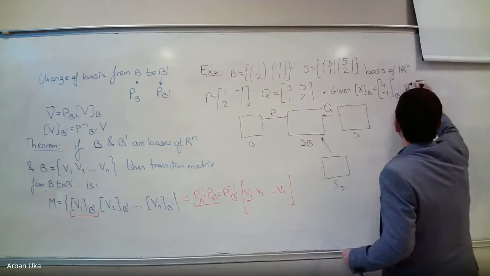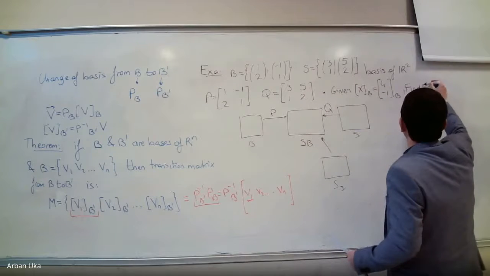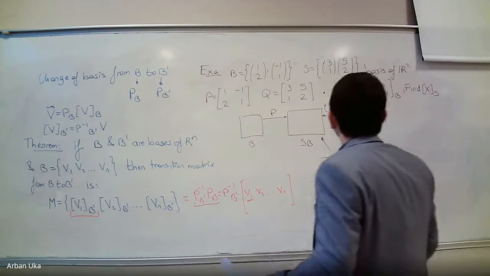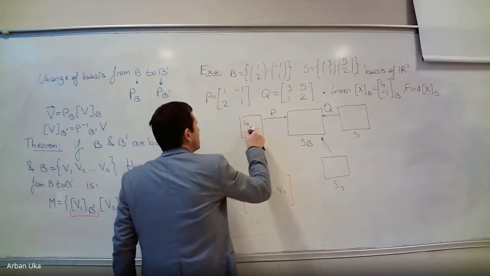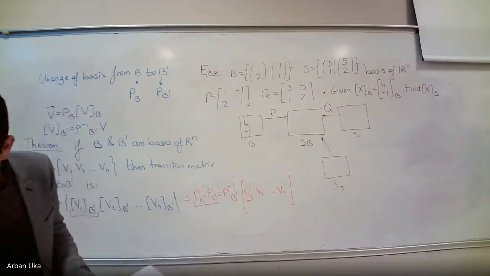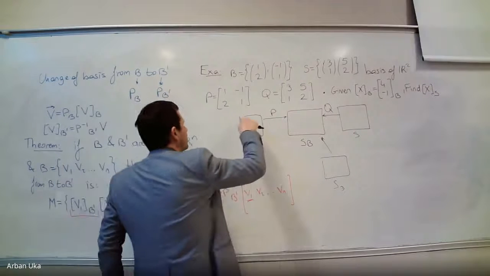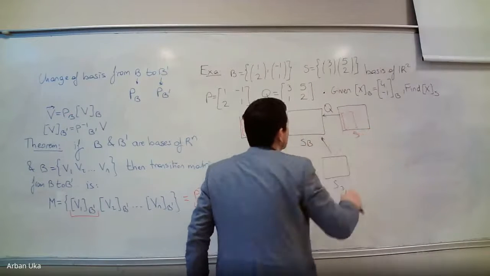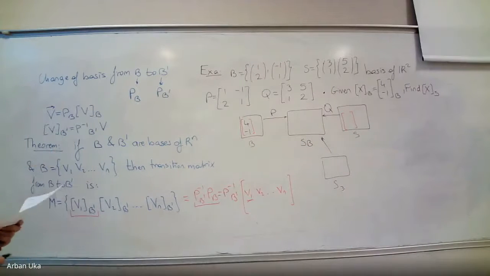Find xS, which means that we are given here (4, -1), and we are asking, how does this vector appear down here? Now, it should be easy for us, because to obtain this, what should we first do?